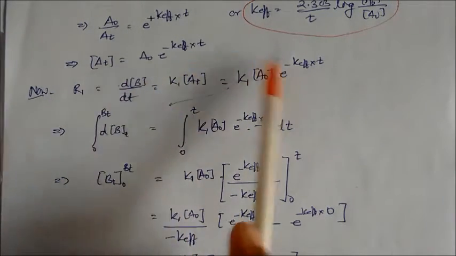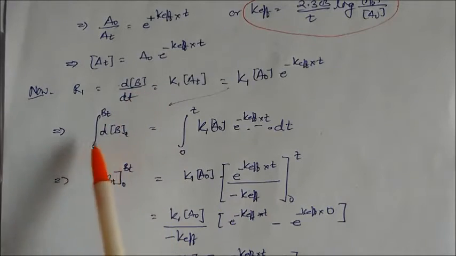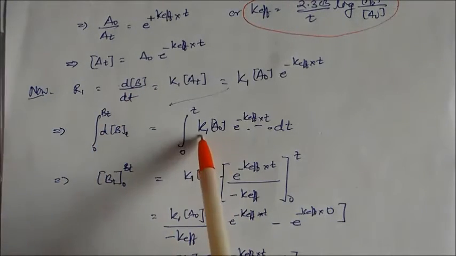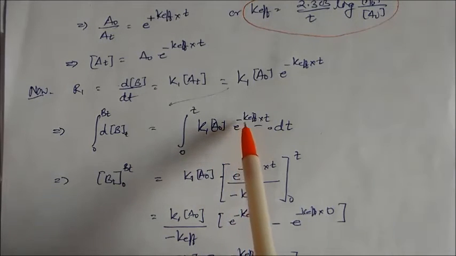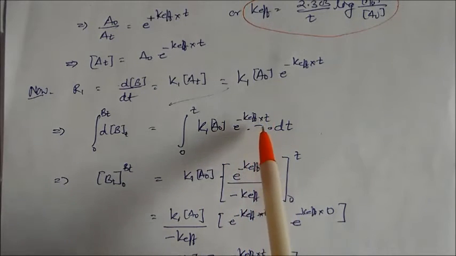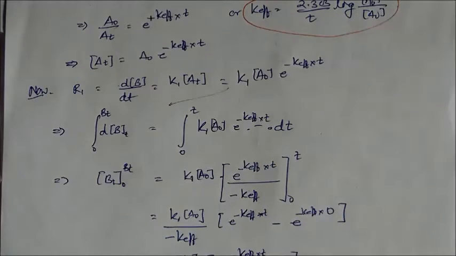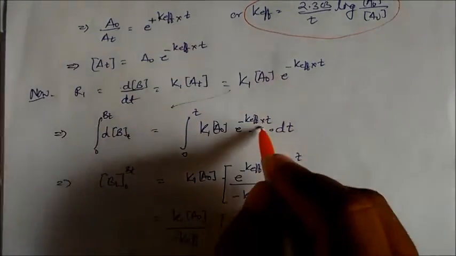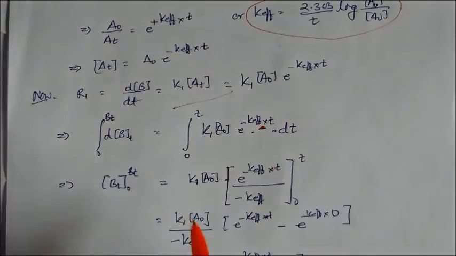On integrating, this will be dBt, so the limit will be 0 to Bt at any time t, and this will be K1 into A0 into e to the power minus K effective t into dt.